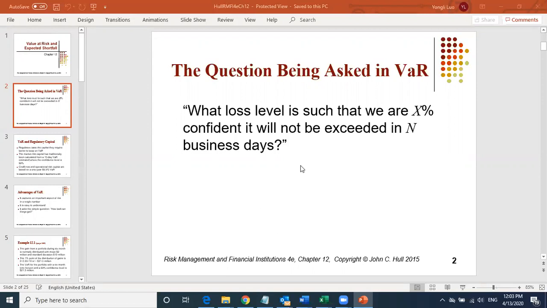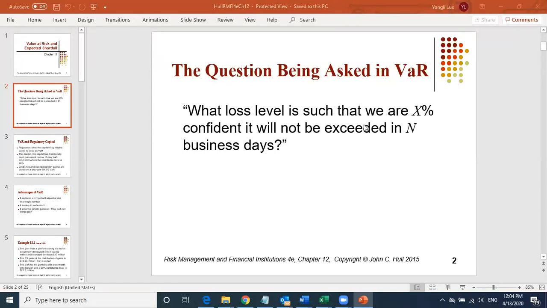We have graduate students, especially in finance. When you have a customer, they typically ask you a similar question. They give you $1 million US and ask you to invest. Sometimes they care about their profit, but the most important question they will ask is, what will be the maximum loss?